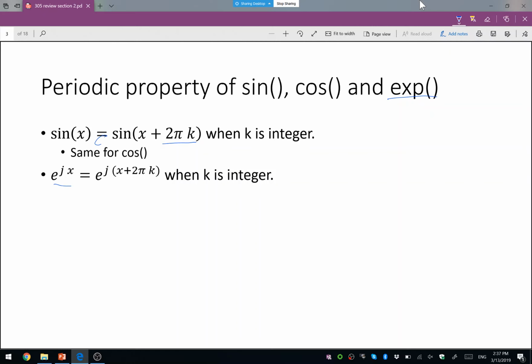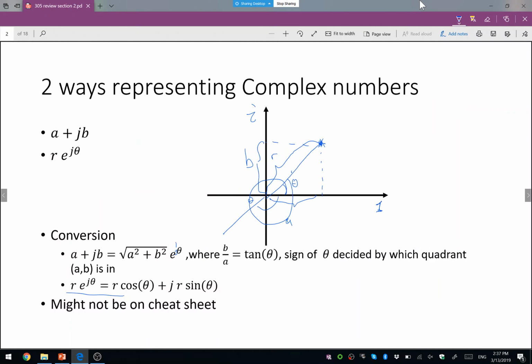And for the exponential, if we add 2 pi here, it still equals. We rotate theta to get this angle, and if we rotate another turn, we still get this angle, or if we rotate backward, we still get this angle. So it's periodic.